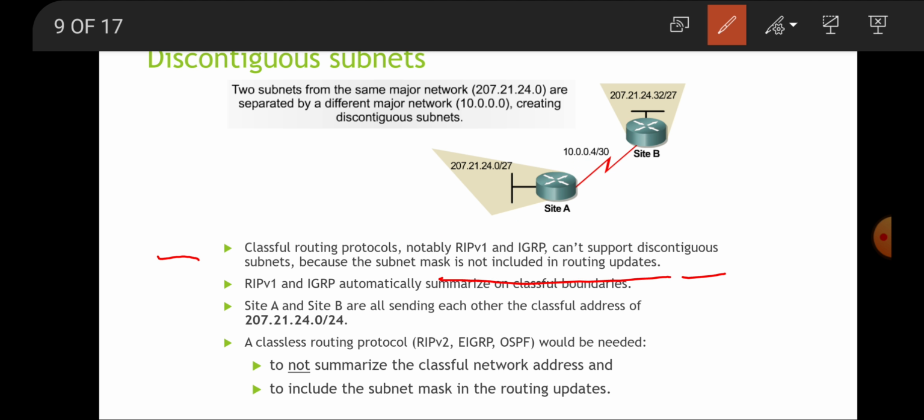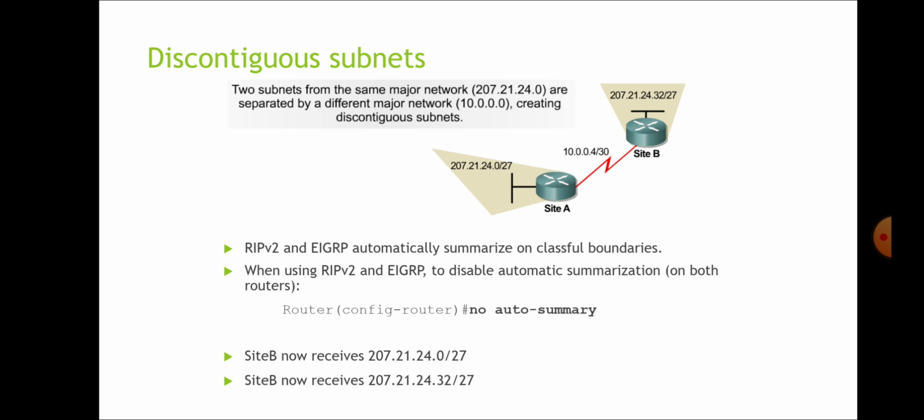RIP version 1 and IGRP automatically summarize at the classful boundaries. So site A and site B are both sending each other the classful address of 207.21.24.0/24. A classless routing protocol like RIP version 2, EIGRP or OSPF would be needed to include the subnet mask in the routing updates.